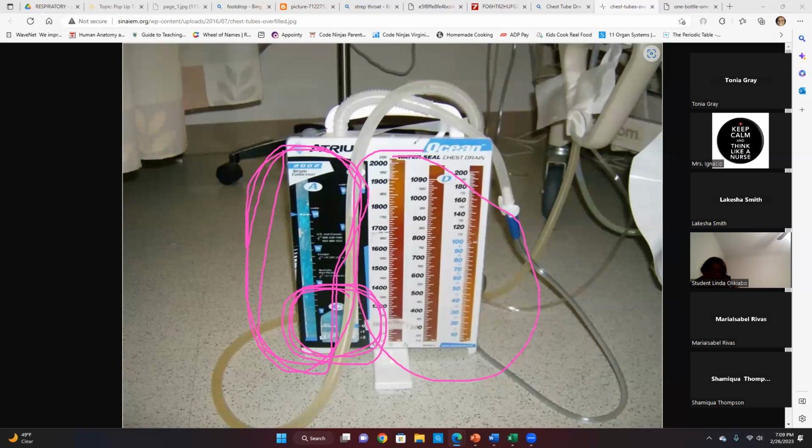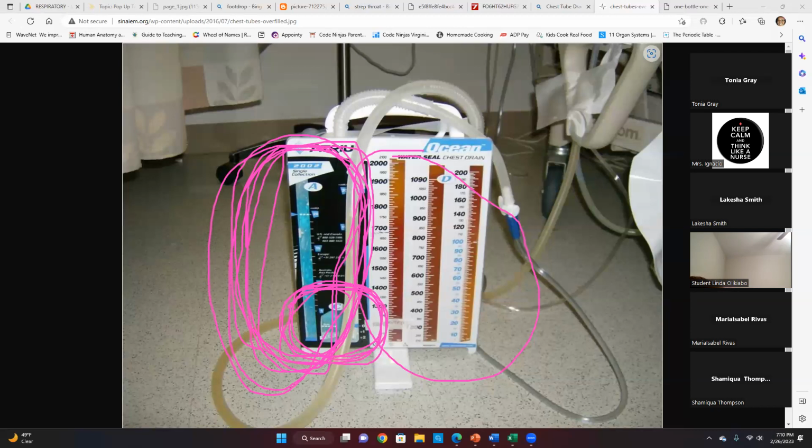So in the suction chamber, you may see that bubbling, right? Now, this bubbling is going to kind of be in line when the patient is breathing. So you should see the bubbling as the patient inhales, exhales, but it doesn't necessarily have to be continuous. It can be intermittent, okay? But again, if there is continuous bubbling in the water seal chamber, that tells us that there is an air leak, okay?